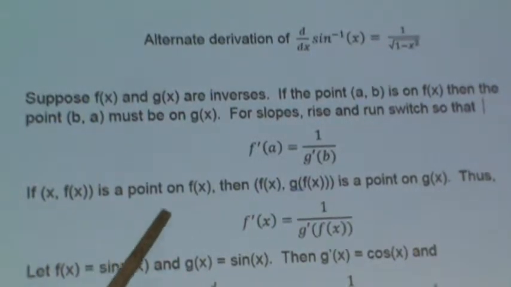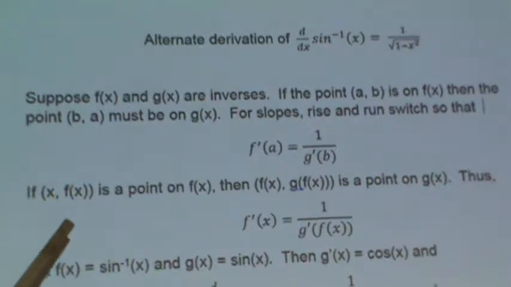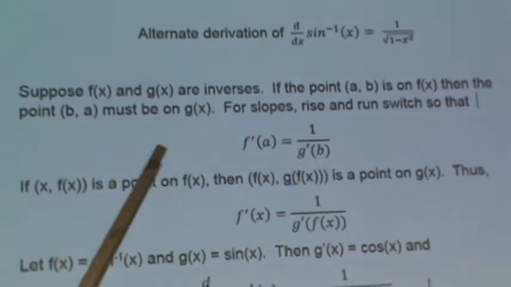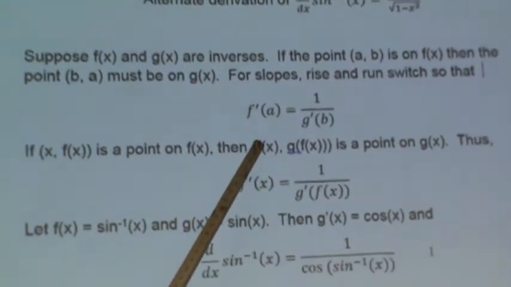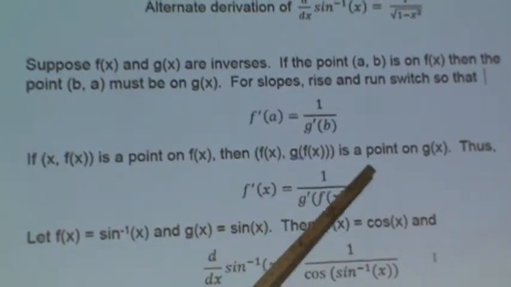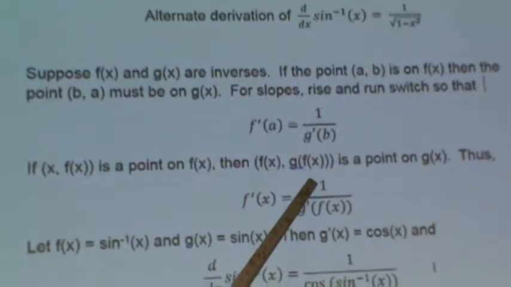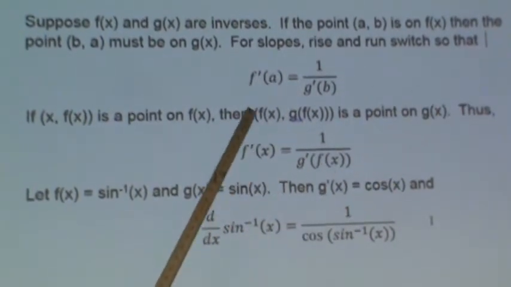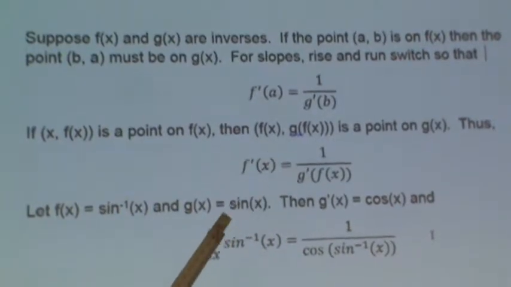So I'm now going to use functional notation. Generally, if the point x comma f of x is a point on f of x, then the x and y switch. F of x is going to be the new x on g of x, but the y, you don't have to call it x. You can also say it's g of this, so g of f of x.